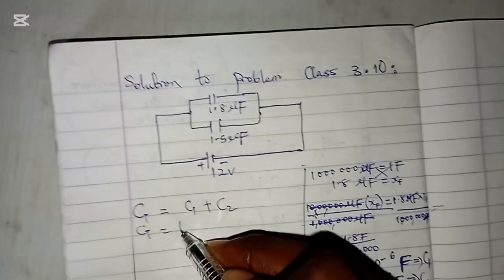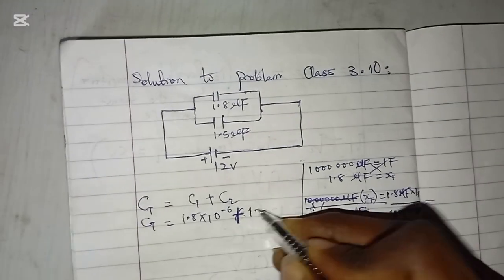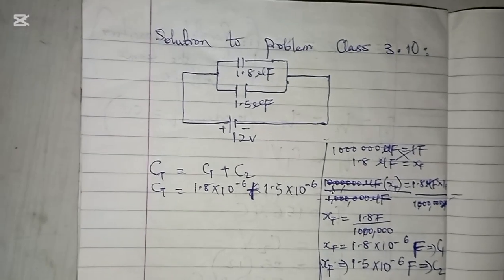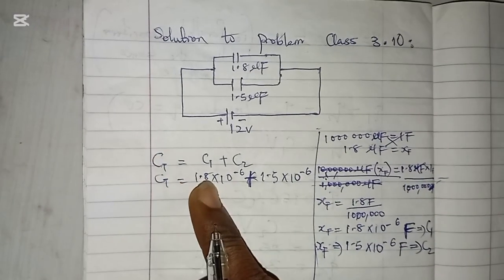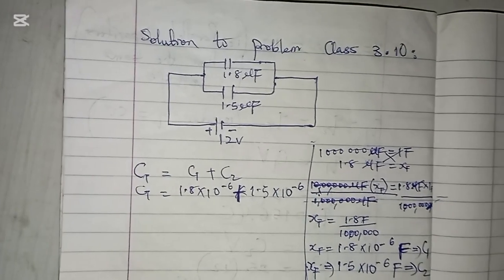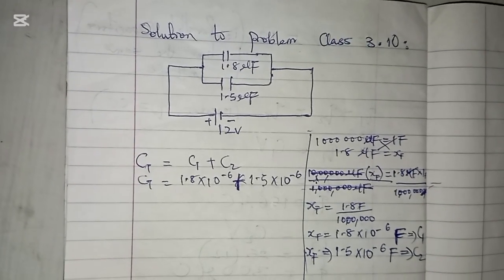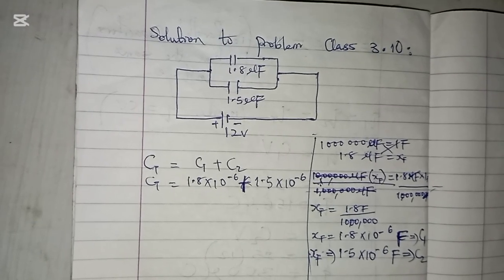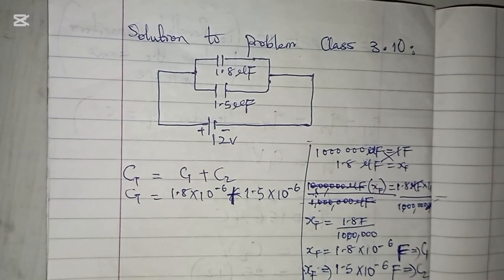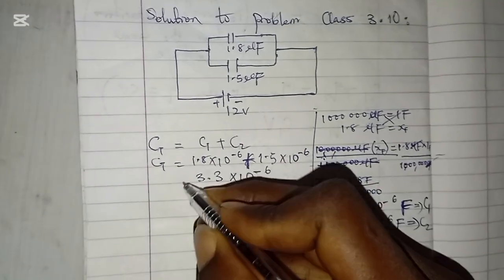So I'll now have this to be 1.8 times 10 raised to the power minus 6 plus 1.5 times 10 raised to power minus 6. If you do it well, you get 3.3 times 10 raised to power minus 6.